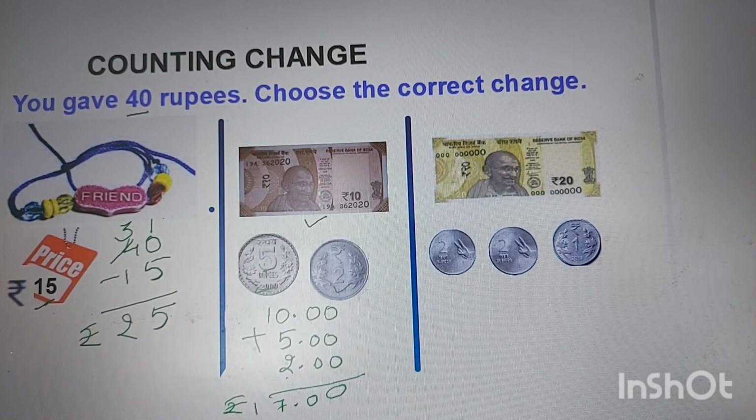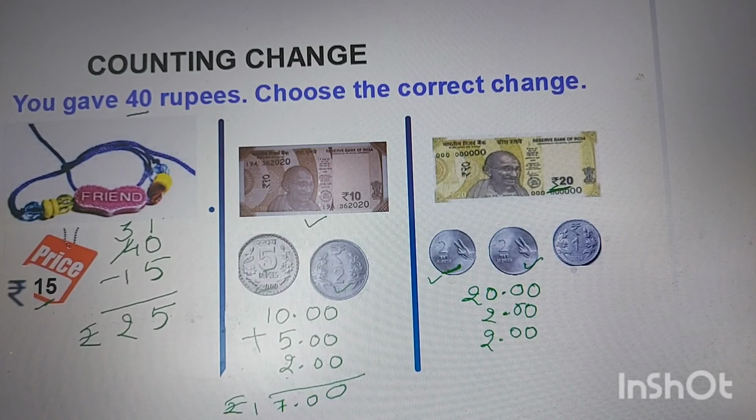So here you can see the currency note of 20 rupees. So 20 you can write it as 20.00. Here you can see 2 rupees. So before decimal point 2, after decimal point 00, again you can see the coin of 2 rupees given, that is 2.00 and the third one, that is you can see 1 rupee coin.